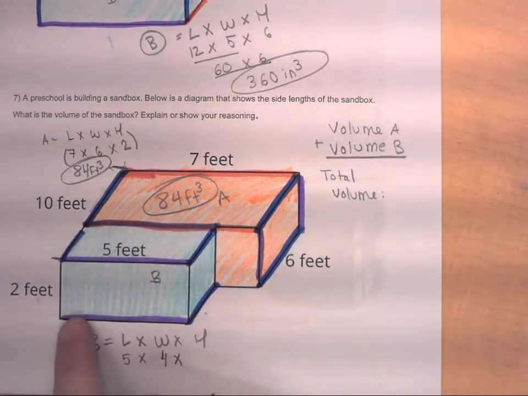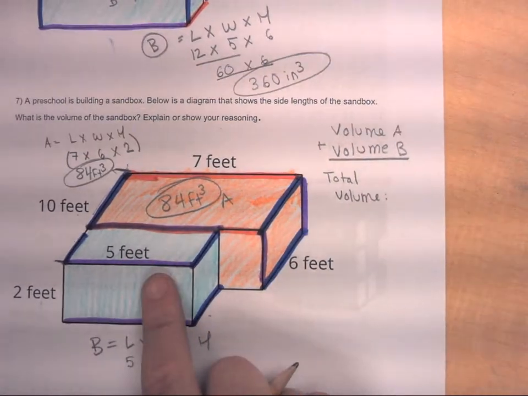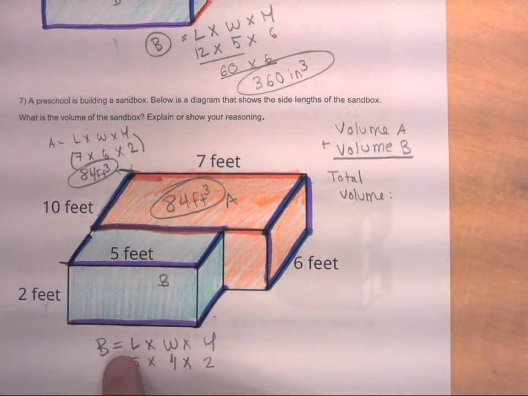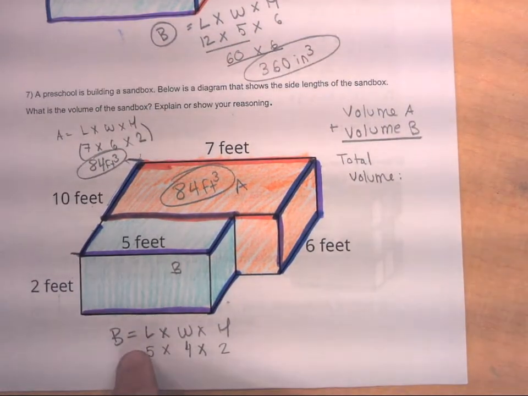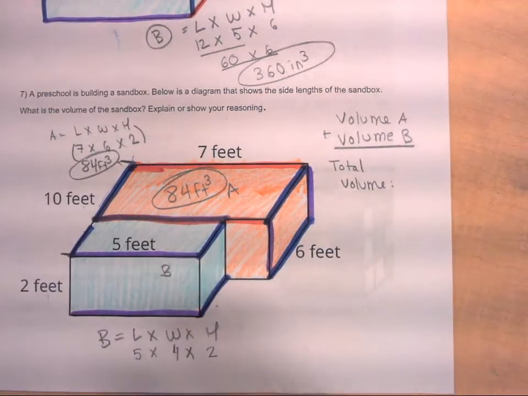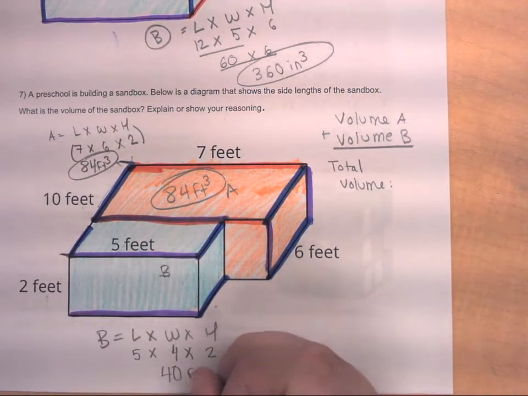And lastly, we know the height is 2, because the height for A was 2, and we figured that out by looking at the height of B. Evaluating the expression for volume B, 5 multiplied by 4 multiplied by 2 results in 40 cubic feet.